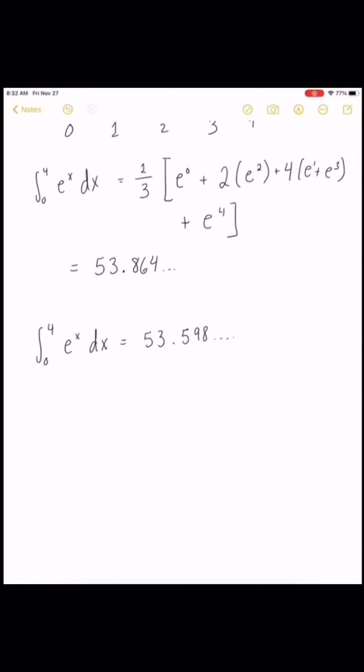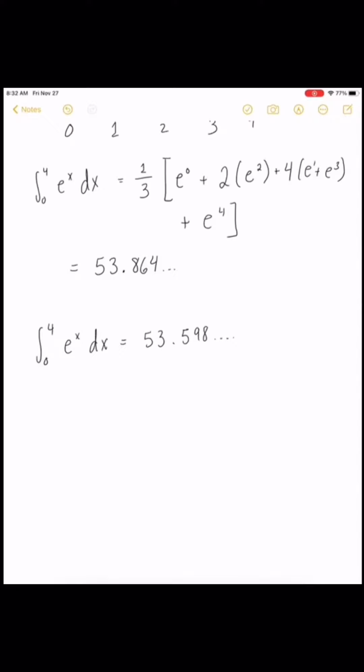Part of the reason I chose this example is because e to the x is not a nice function. It's not something that behaves relatively nicely. It grows pretty rapidly.